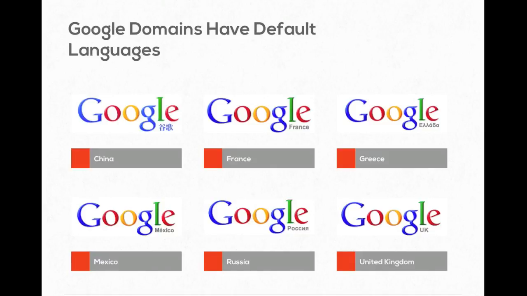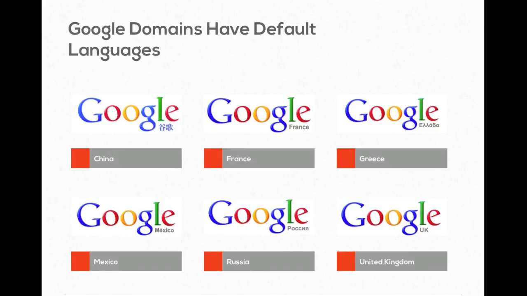Now, one thing to understand about language targeting as well is that different Google domains have default languages. So Google China, Google France, Google Greece, and going through the list, they all have their default languages. So Google Mexico or Google Russia are going to be set by default to those languages. And that's something to understand because sometimes people don't go through and change their default settings if they don't need to.